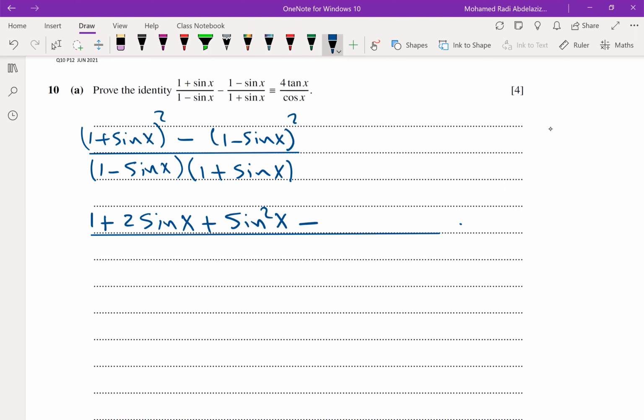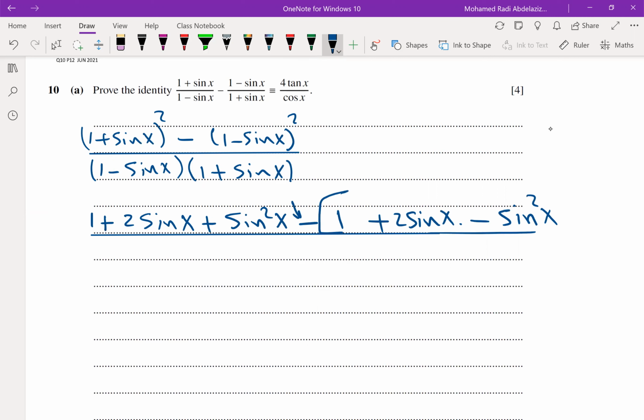If you expand and change the sign, don't forget this. First by second by 2 will be minus, then plus after multiplying by -1. Then plus sine squared, but we have a negative sign outside, it's sine squared x.